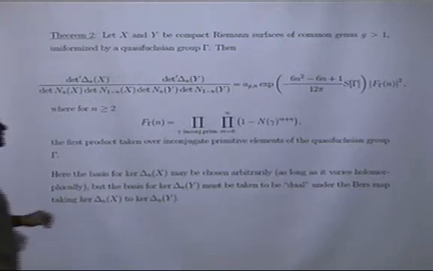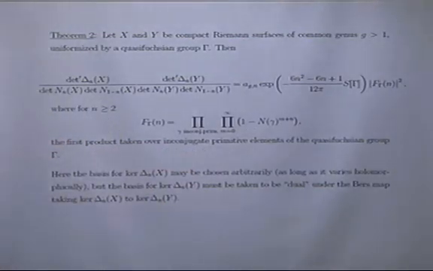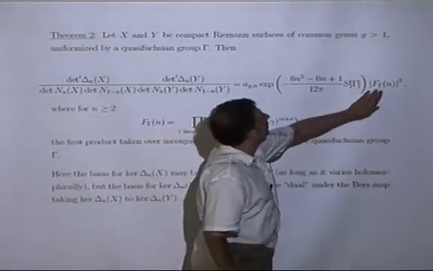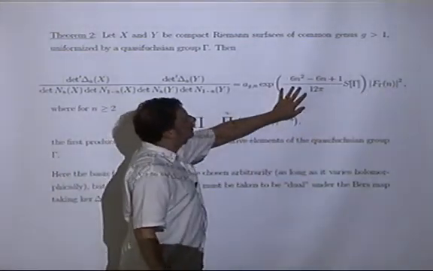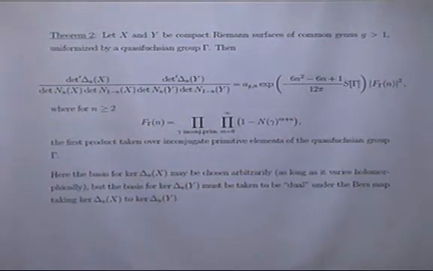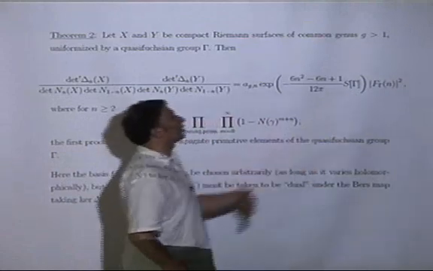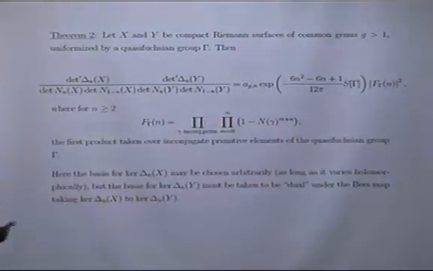If you form this zeta-like product for a quasi-Fuchsian group, the modulus squared of this is this holomorphic anomaly factor, this exponential of a Kähler potential for the Weil-Petersson metric on the quasi-Fuchsian deformation space.